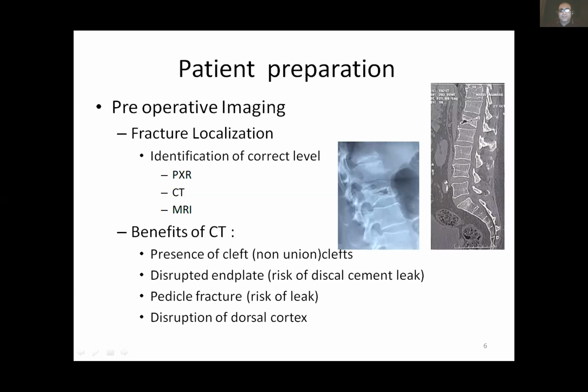The CT also can help you to decide if the posterior cortex is intact or if it is fractured as well, if the pedicle is fractured as well, if there is any non-union or presence of clefts, because all of these need proper planning before going for the procedure.